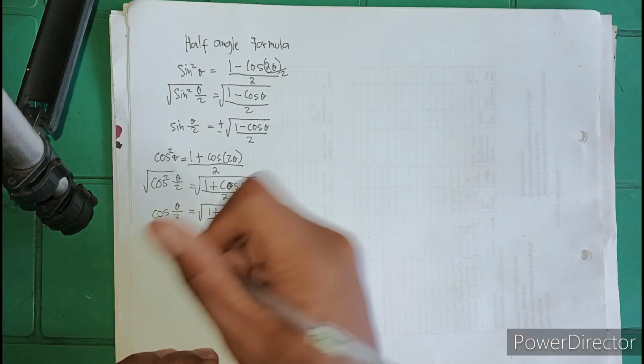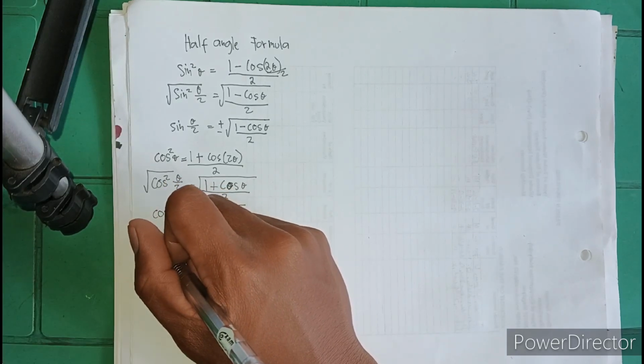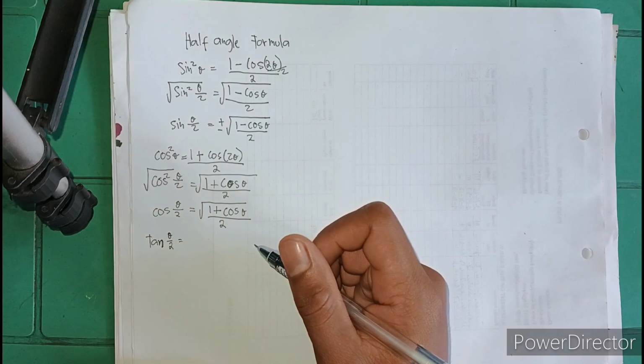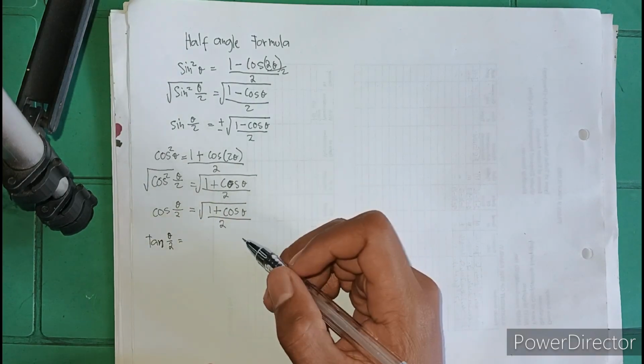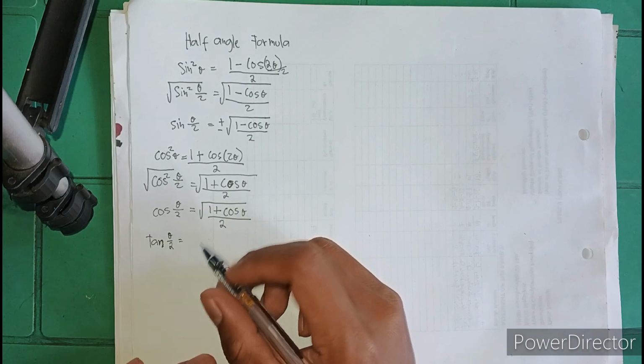So next one is the tangent theta over 2. So we know that tangent is equal to sine over cosine.